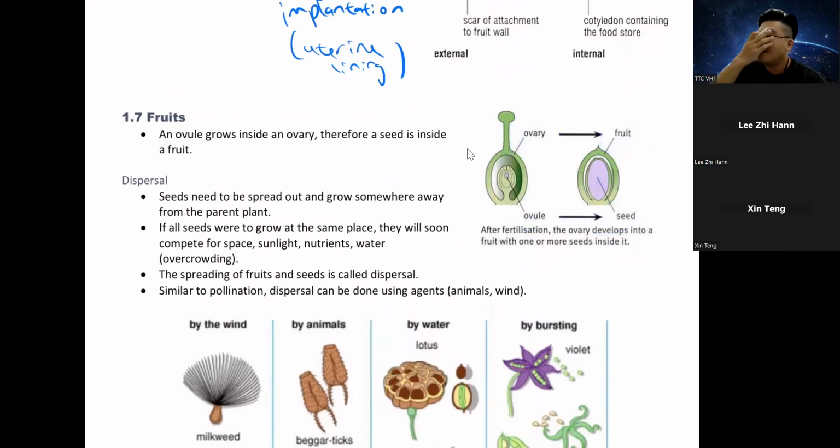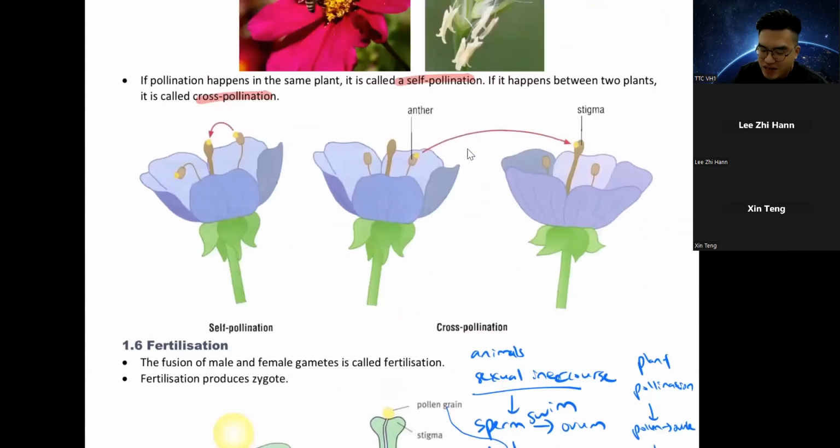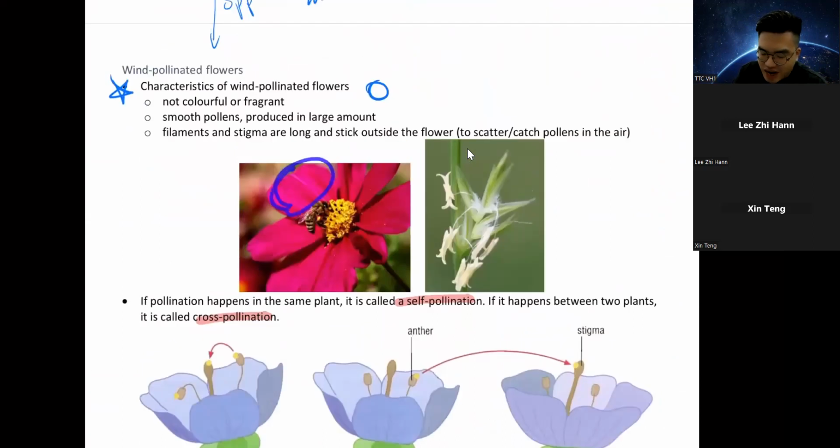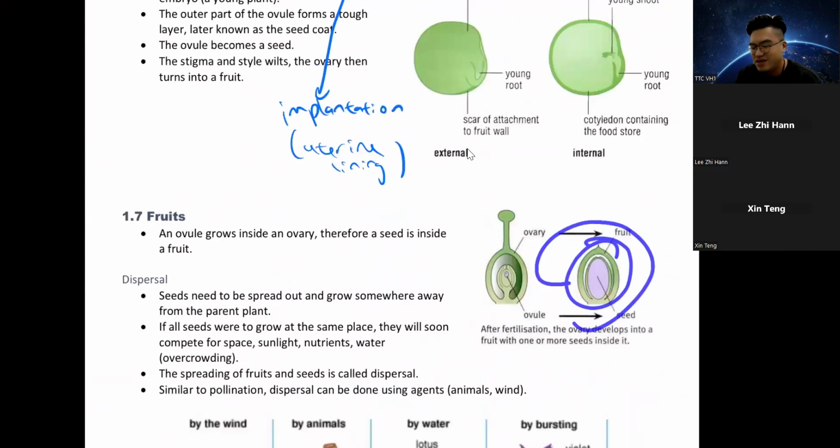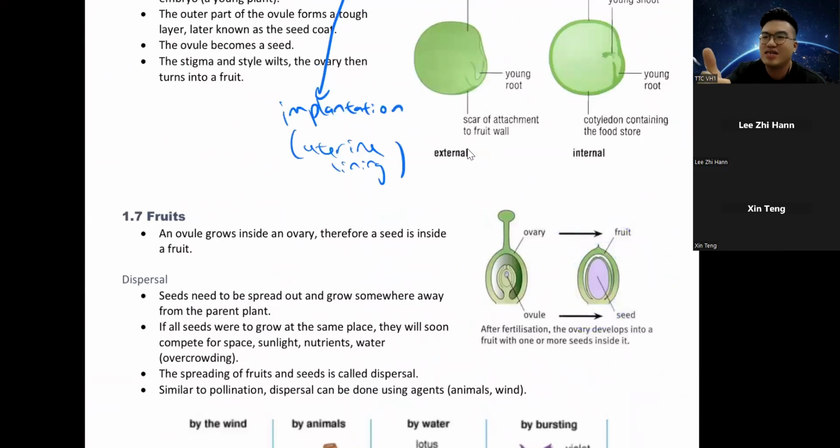Okay, you see, the plants want us to do that. They will attract us. Just now they use color and smell to attract bees. Now they use the same thing. Color, you have colorful fruits. They use color and smell to attract us to eat the fruit. Why?